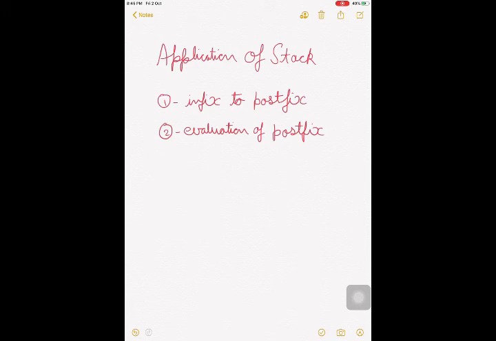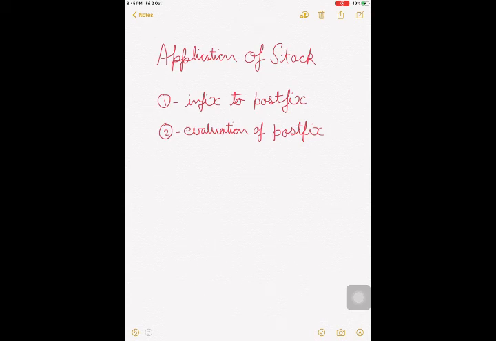First one, infix to postfix conversion, in which each and every step of that algorithm is very important, because if you miss any step you will not get the correct answer. And the second one, it is very easy. You are given a postfix expression, you apply the algorithm and you get the result.